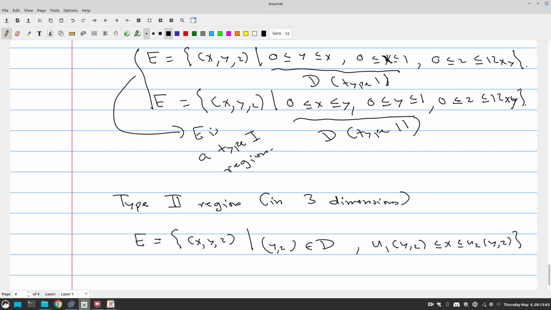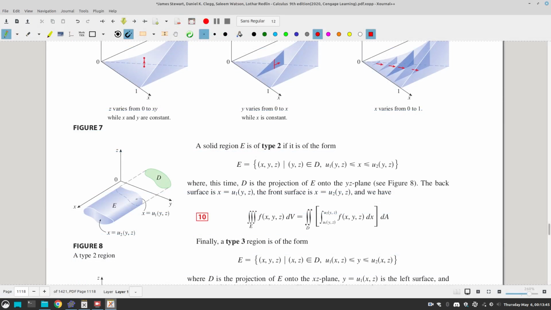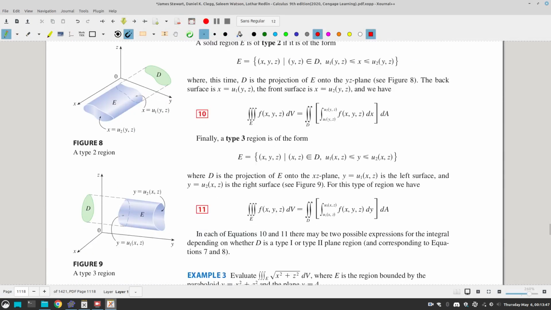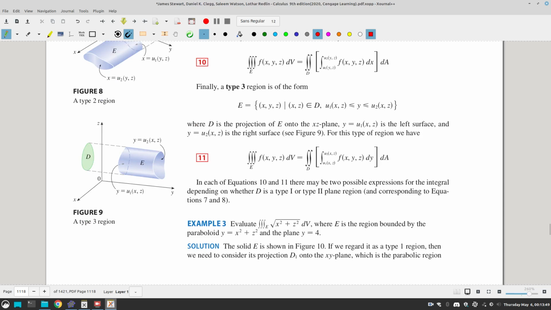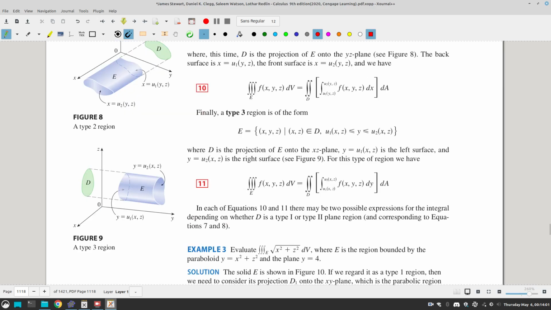So that's the type 2 region. And a type 3 region is where y is between two functions of x and z. That's the type 3 region.